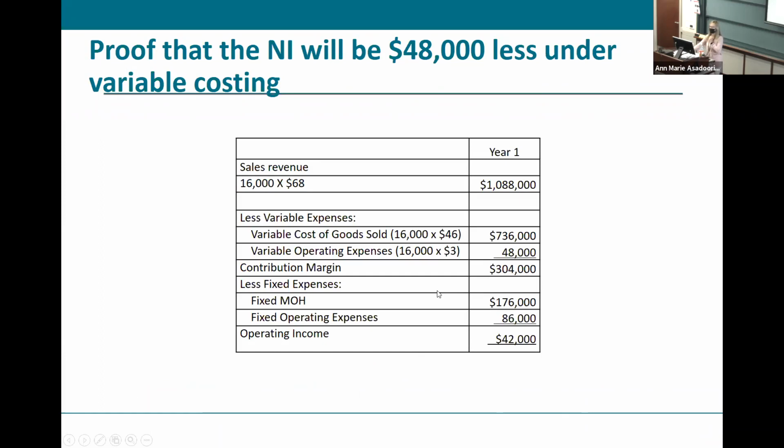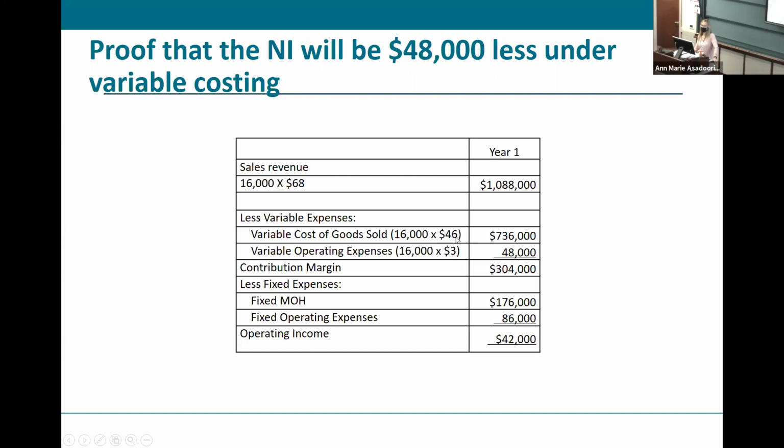Okay, and then here's the variable costing income statement. And you can see that when you do it out, it does give you that net income of $42,000. So take a look at the contribution format income statement here. Under variable costing, we're always going to have a contribution format, same sales revenue, but now I'm going to deduct all of my variable expenses. Here is your cost of goods sold, which is always going to be variable under variable costing because that only includes your variable production costs.